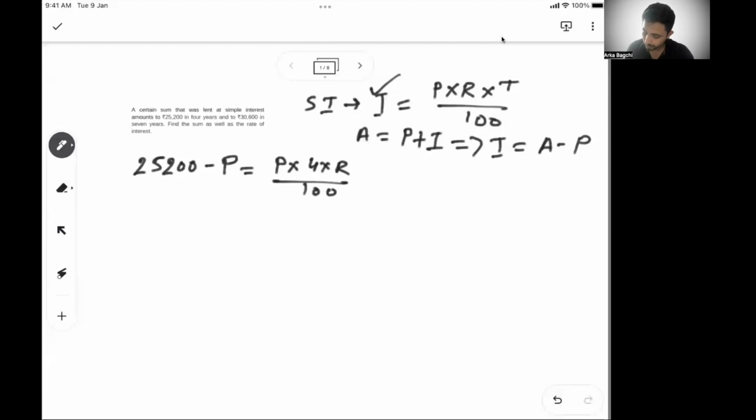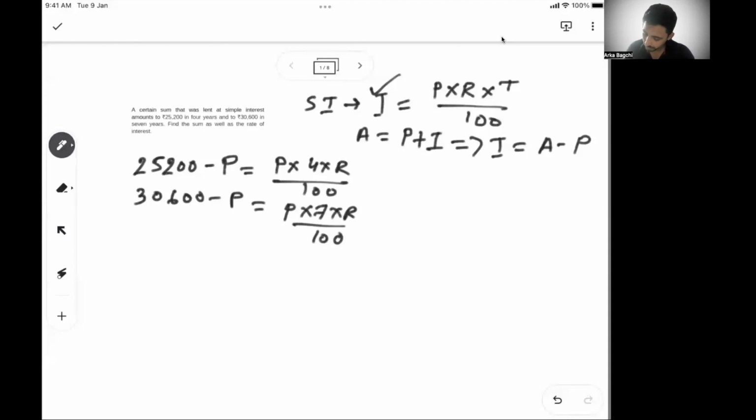The second one is 30,600 minus P equals P into 7 into R by 100. If you divide the first equation by the second, P and R get cancelled out. You will have P as the unknown and you can solve it.